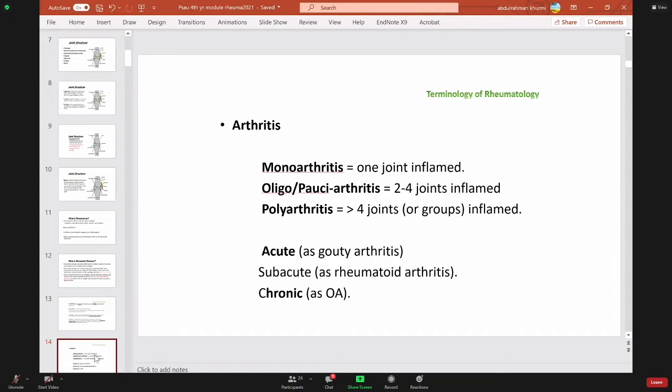It can also happen in septic arthritis as monoarthritis. Oligoarthritis is fewer than 4 joints inflamed, and polyarthritis is 4 or more joints. It can come as an acute or as a chronic attack as well.